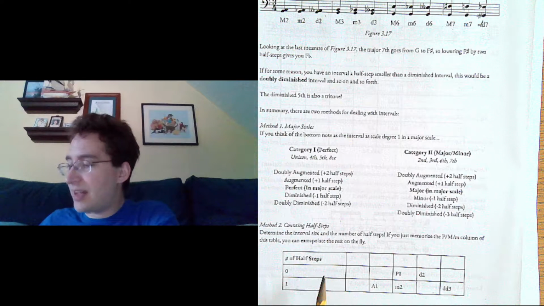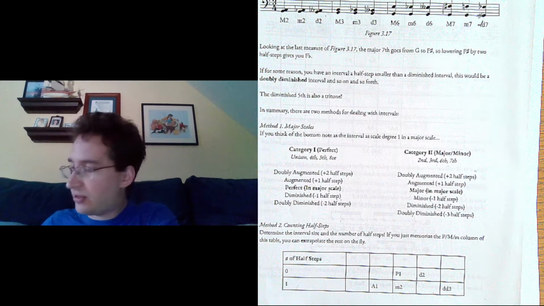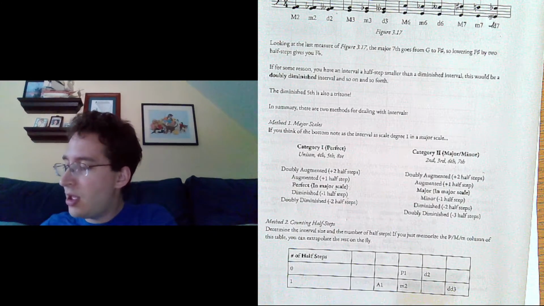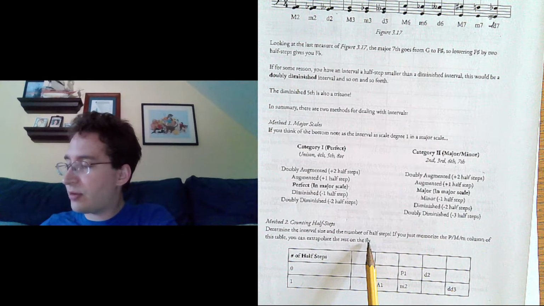The other method is counting half steps, and as it's formatted right now, this is awkwardly formatted, where it goes across different pages. Hopefully that will be fixed in the copy that you see. Determine the interval size and number of half steps.